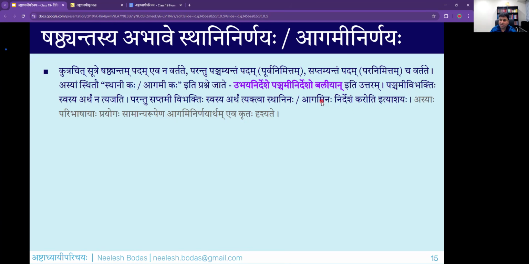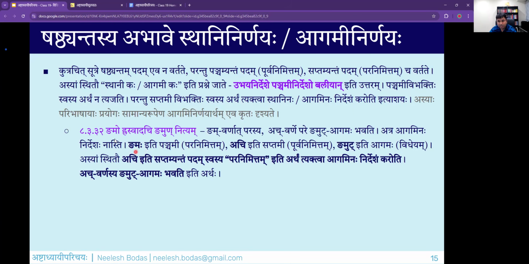There are only one or two cases, and that also not easy to understand, a little bit advanced, where a sthani is being decided like this. So we will keep those aside. Most of the cases that you will ever come across in your Laghu Siddhanta Kaumudi course is mainly the decision of who is the agami.